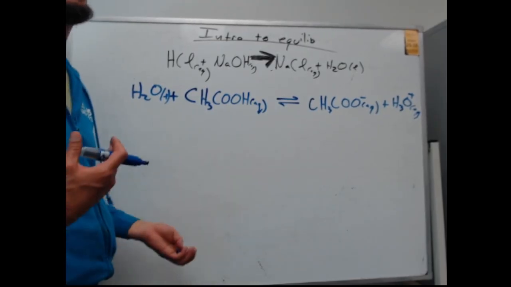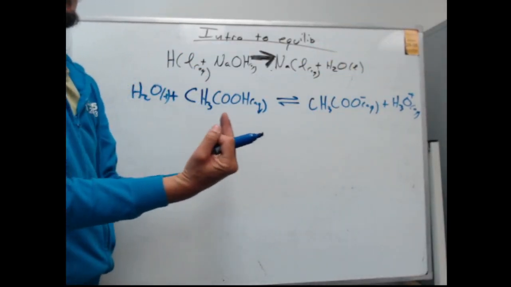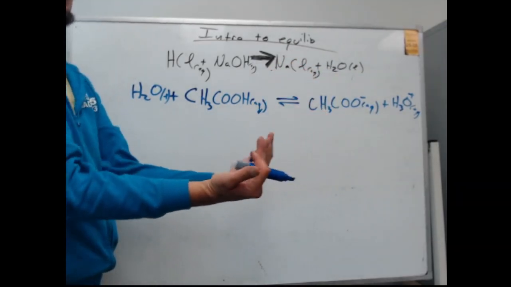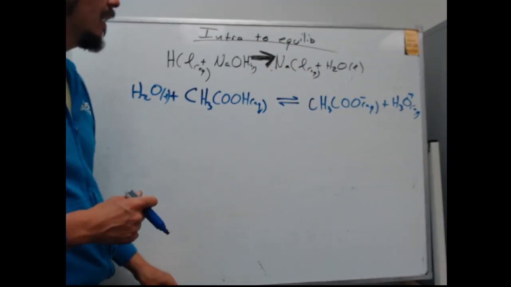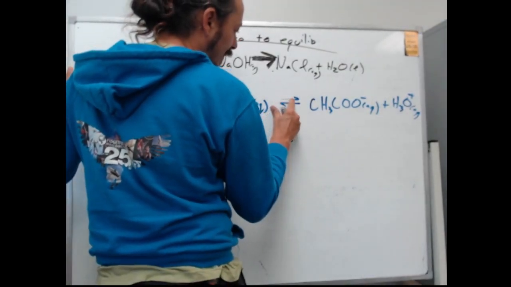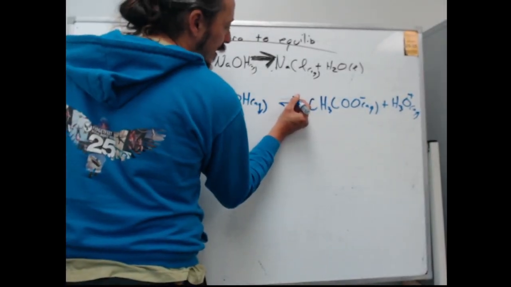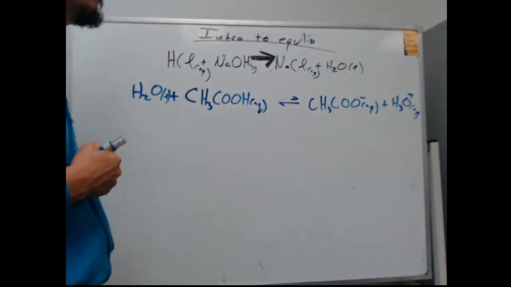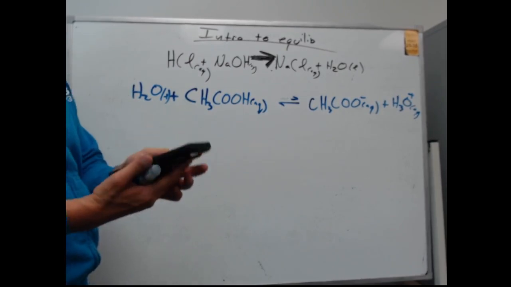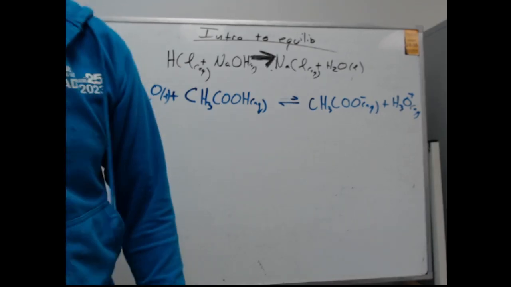We have to think about the energy that pushes it forward and the energy that pulls it backwards, the energy that pushes it towards products and the energy that pushes it towards reactants. And I drew it wrong because it turns out that this reaction is only a little bit going forward, mostly. So this reaction is going to stay mostly as reactants.